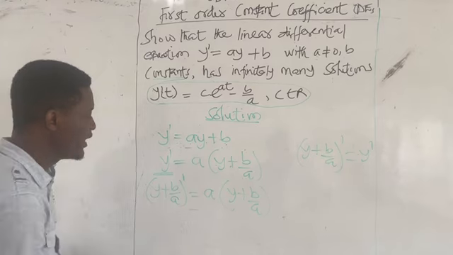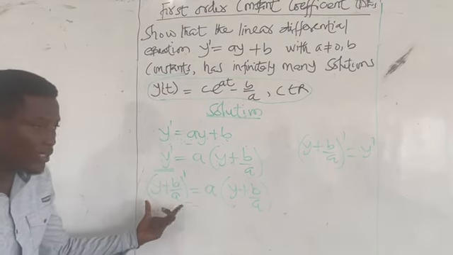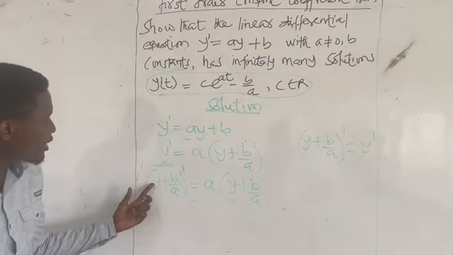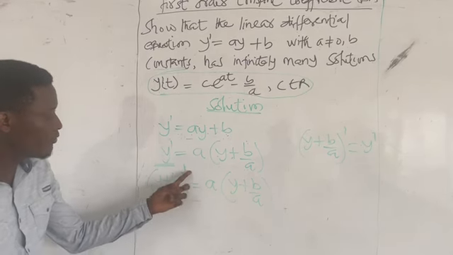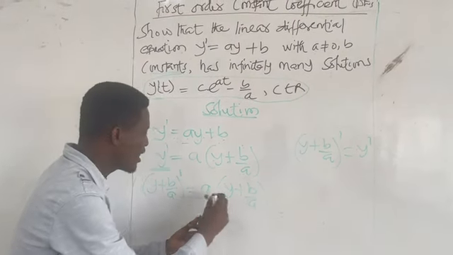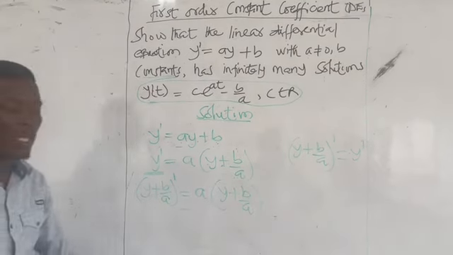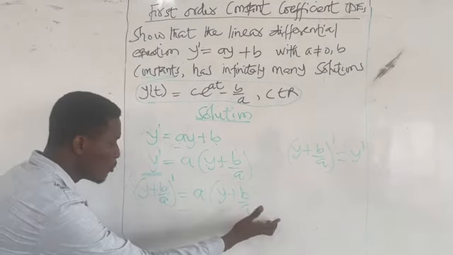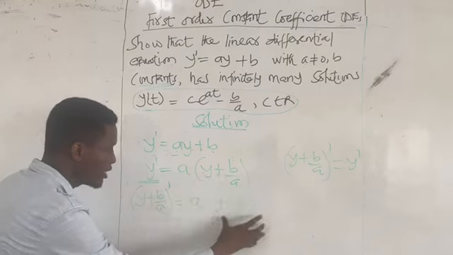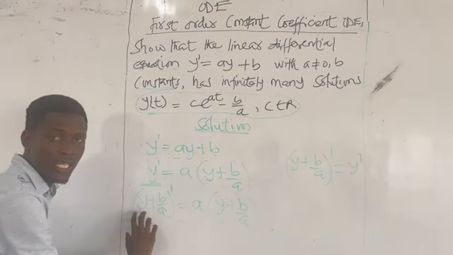I want to integrate, but on the left hand side I have y plus b over a derivative, and on the right hand side y plus b over a without derivative. Then I can group the expression involving y on one side.